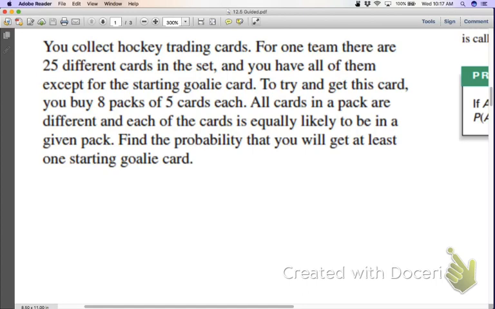Like a pack of baseball, I don't even know if kids buy baseball cards anymore, but you get the idea. I could get a whole pack of 5 goalie cards, right? Okay, that's a possibility. But it's all a combination. Order doesn't matter. It doesn't matter what the first card is, what the second card is of this pack, but it's just a matter of how I'm going to go about it.